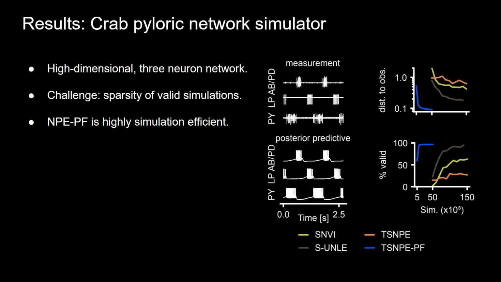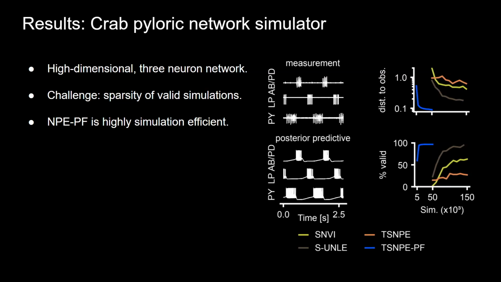One challenge in this problem is that if you take samples from the prior and simulate them, then 99% of them will be invalid, super bad. Because of this, standard NPE takes around 20 million simulations, because 99% of them you throw out anyway.